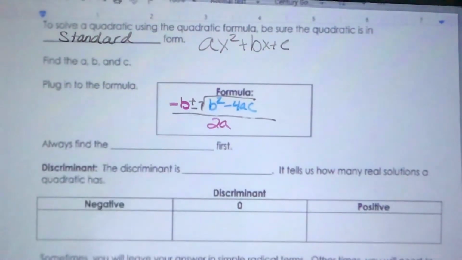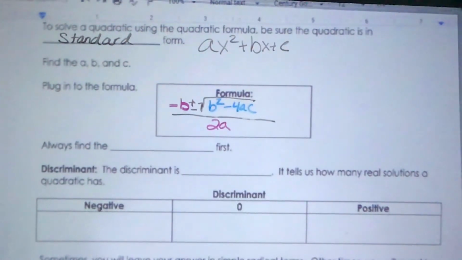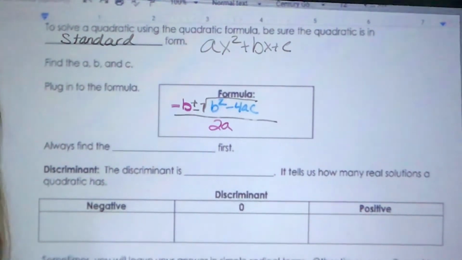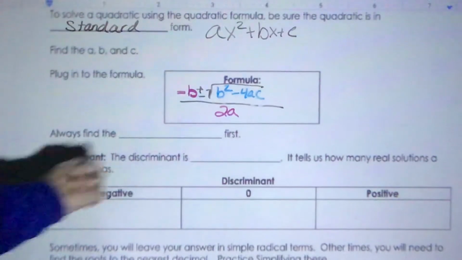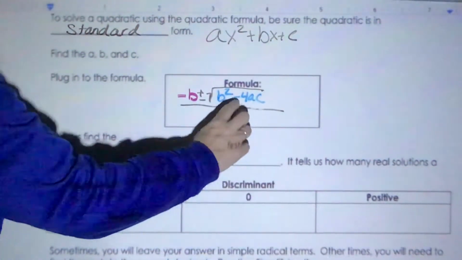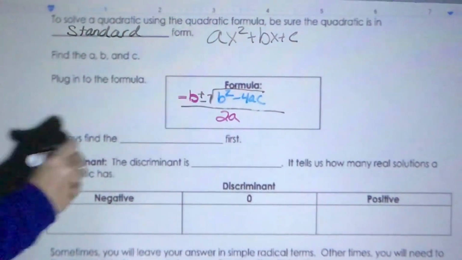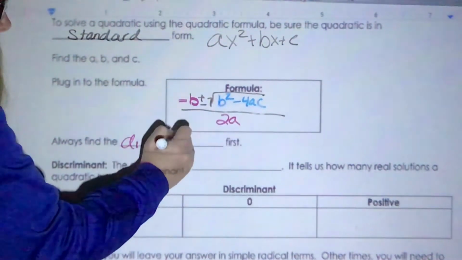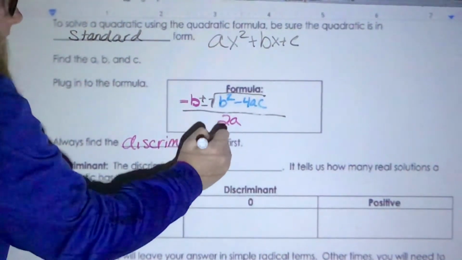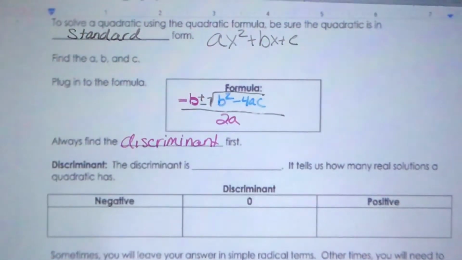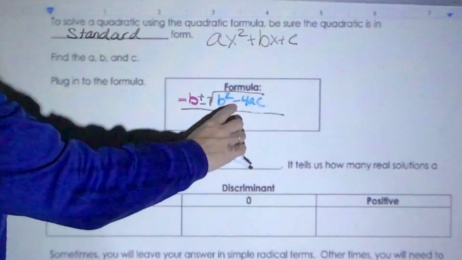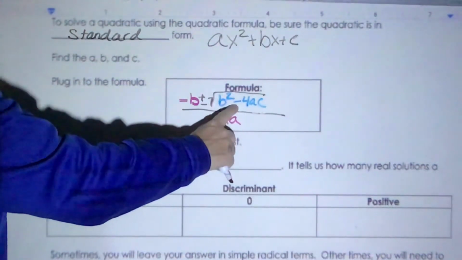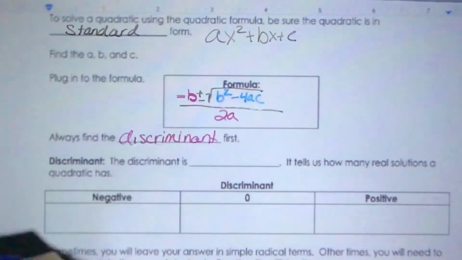What's inside the square root has a special name. In math, we call that the discriminant. And you always want to do this part of the quadratic formula first. The reason why we do that is because if inside the square root ends up being a negative number, you can stop.